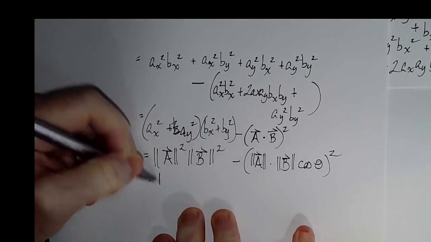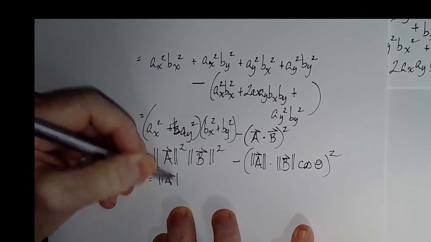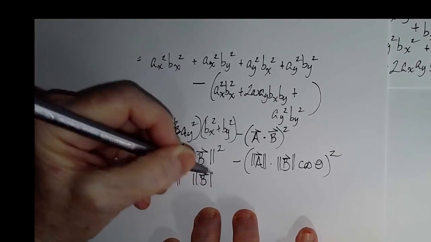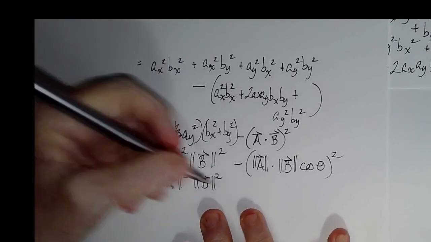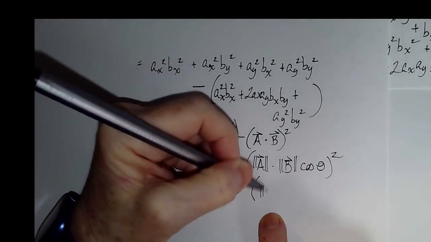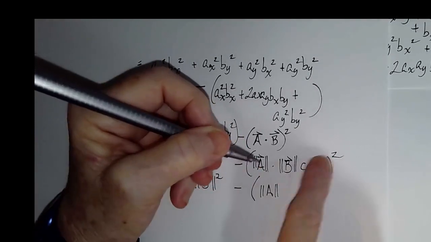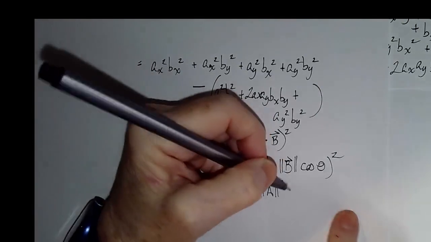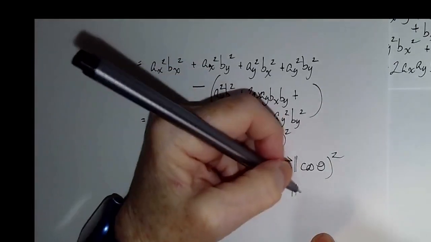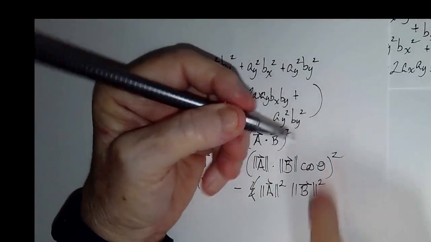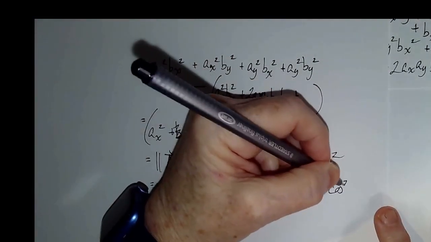So we've got the magnitude of A squared, the magnitude of B squared, and then cosine squared theta.